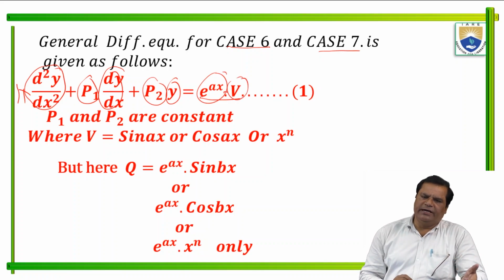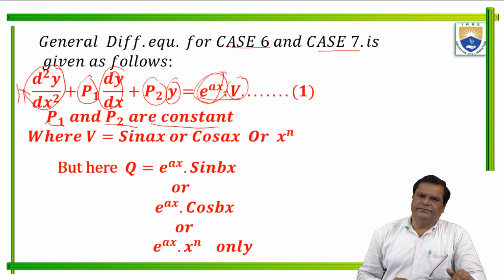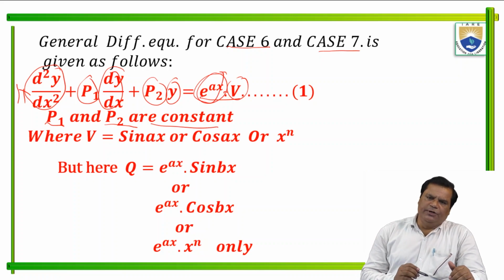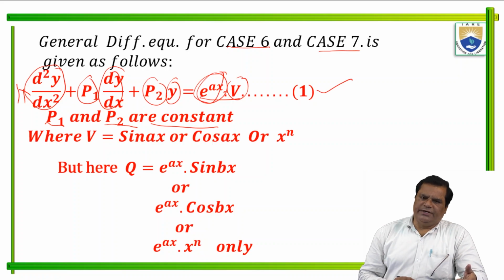V may be a trigonometrical function or an algebraic function. But the first function must be an exponential function. Here P1 and P2 are both constants, meaning P1 and P2 are multiplied with the derivatives. So we can say that equation 1 is known as a constant coefficient equation.